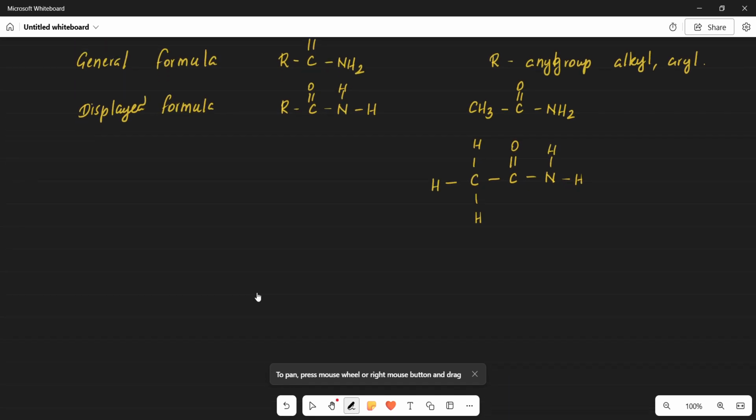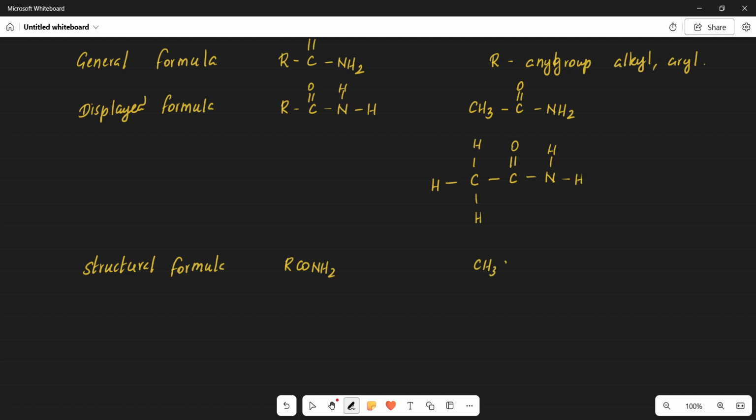What is the skeletal formula or structural formula first? Structural formula will be like RCONH2. For example, CH3CONH2. When I say skeletal formula, R double bond O NH2.